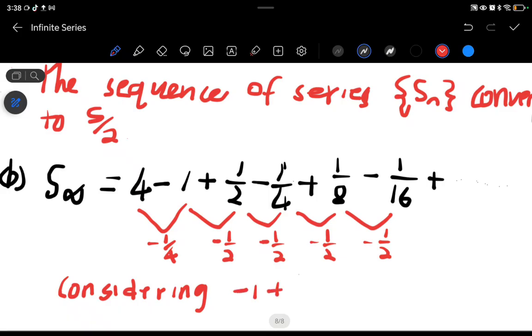So we're going to consider minus 1 plus 1 over 2 plus 1 over 4 plus 1 over 8 minus 1 over 16. You see, right? Then we're considering this part.